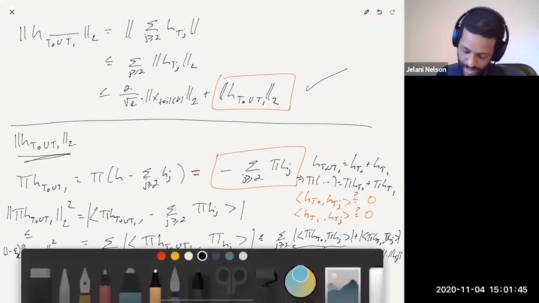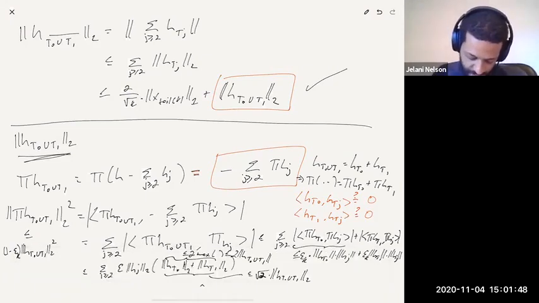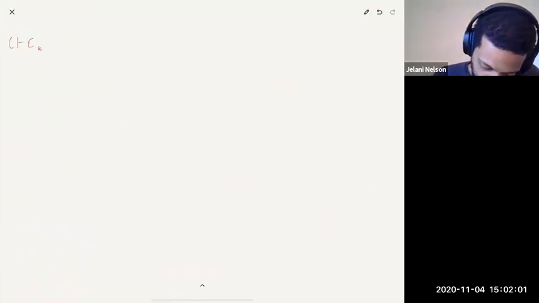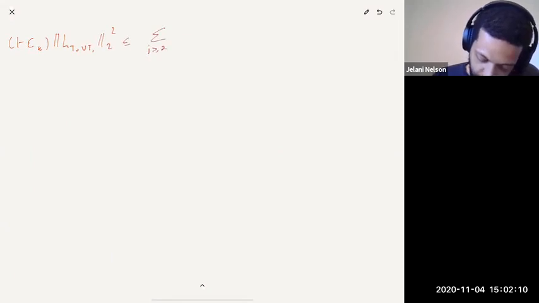So in summary, let me just try and close this out since we don't have that much time left. If you compare this with this, what you have is that 1 minus epsilon k, the norm of ht0 union T1 L2 norm squared, is at most the sum over j greater than or equal to 2 of epsilon k times the square root 2 here, the norm of ht0 union T1 times the norm of htj.